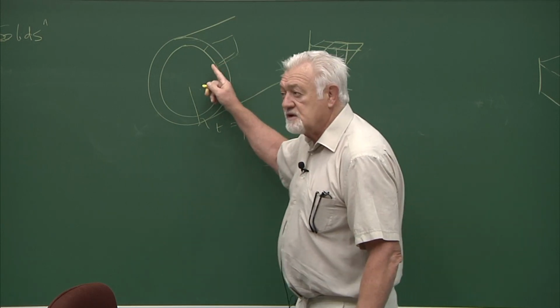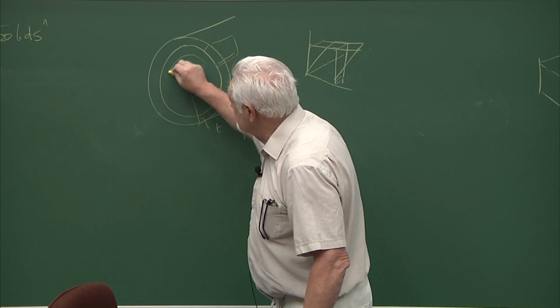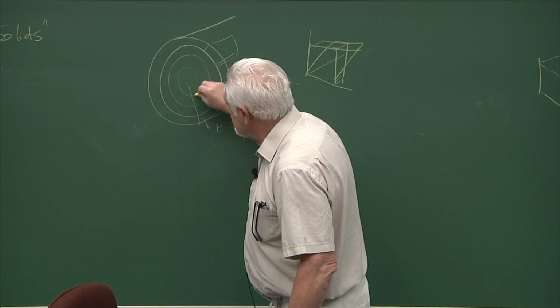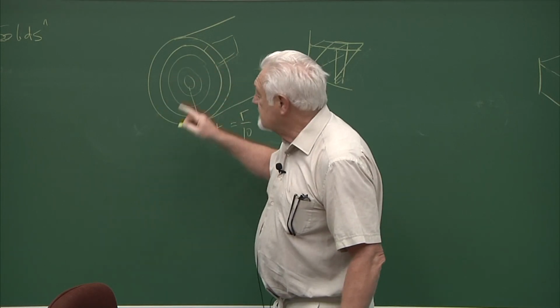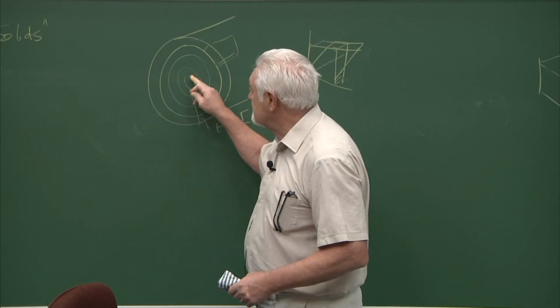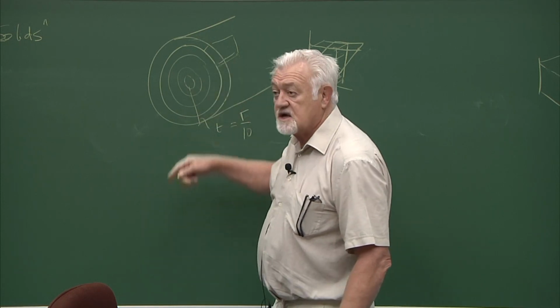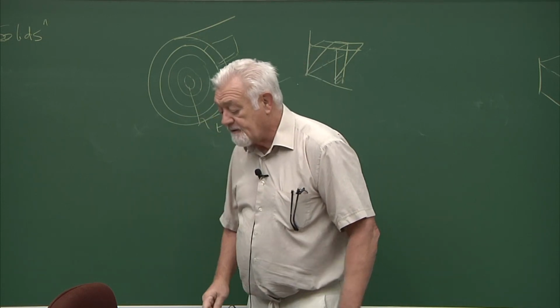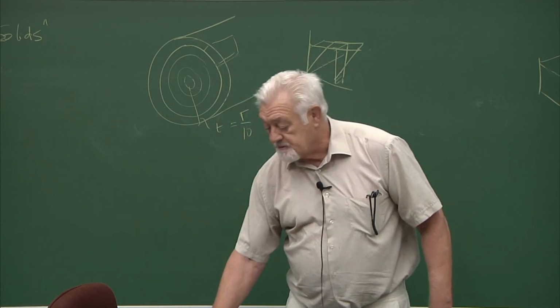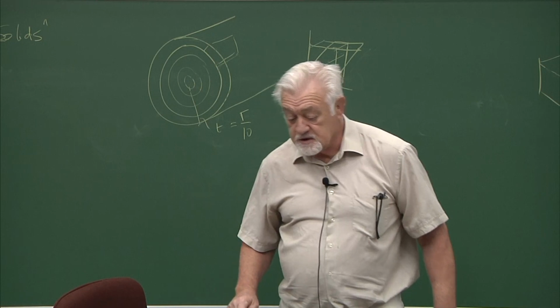So if the tube is thin, it is okay. If not, you really have to solve layer by layer and couple the layers, because they cannot shear independently of the neighboring layers. So you have to solve the problem as a coupled problem, and it is possible to do it, and we have done it in the past with a collaborator, but I'm not going to be talking about that.